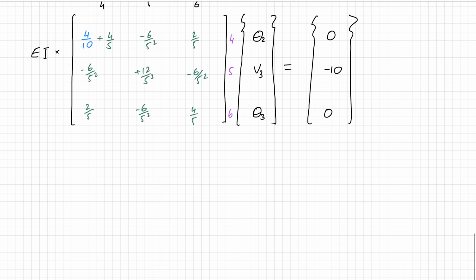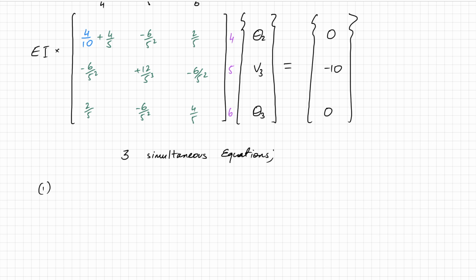Let's write them out. Okay, so equation 1 is from that first row, so I have EI times 4 over 10 plus 4 over 5 times theta 2 minus 6 EI over 5 squared times V3 plus 2 over 5 EI times theta 3 equals 0.